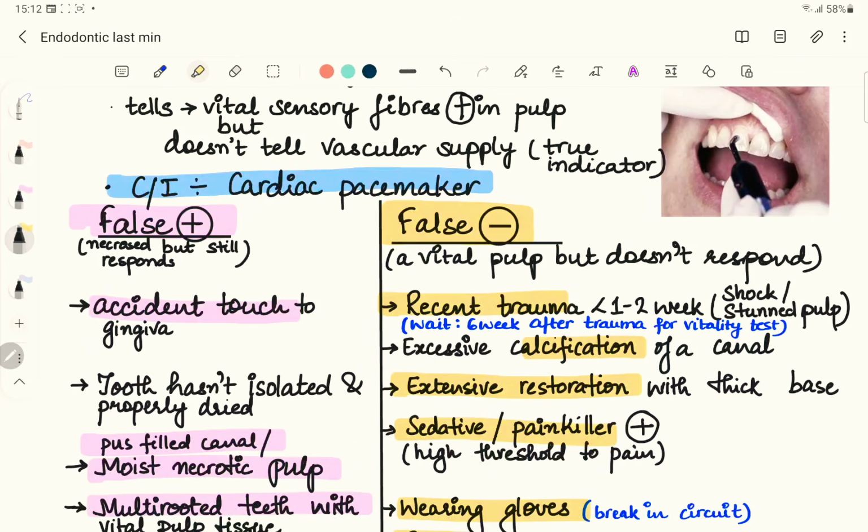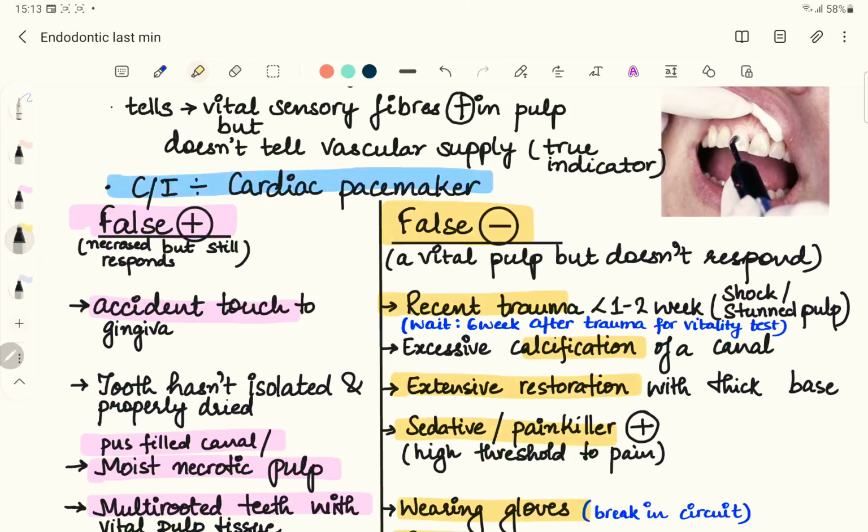Coming to the false negative, break the term and let's understand. False negative means the patient is giving a negative response to EPT, but as the name suggests, it's false. That means the tooth is actually vital, but it is not responding to electric current, so it shows a negative response, but the results are false.